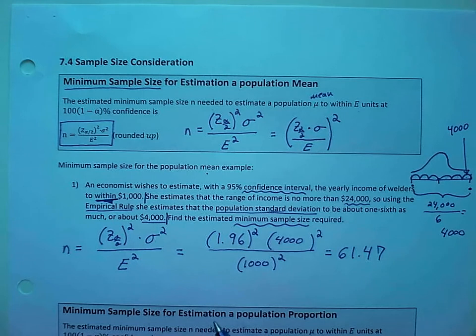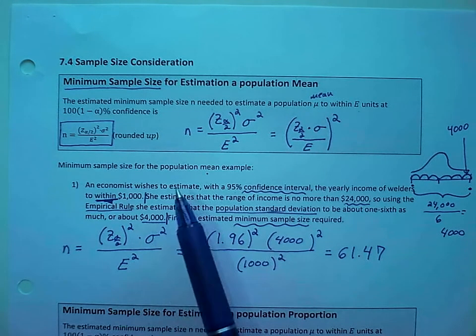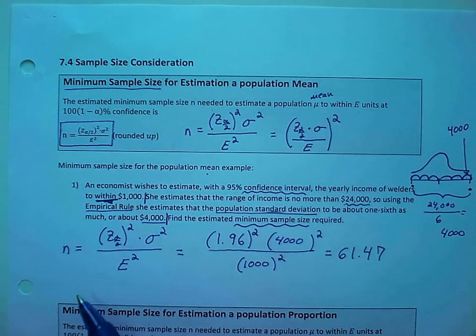And this economist is trying to figure out how many welders she needs to ask what their yearly income is in order to come up with an estimate to within $1,000 of, on average, how much welders make.